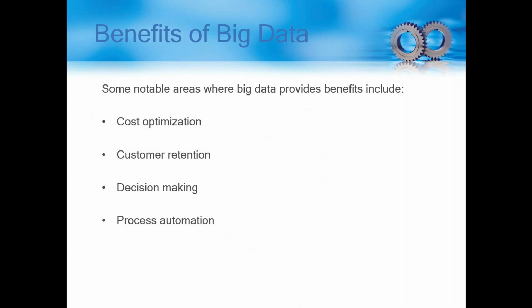Okay. And another benefit of big data is process automation. Once you design a pipeline or a stream of data, or perform an ETL job, you need not do the same task again and again. You just automate it by using some automation tools.